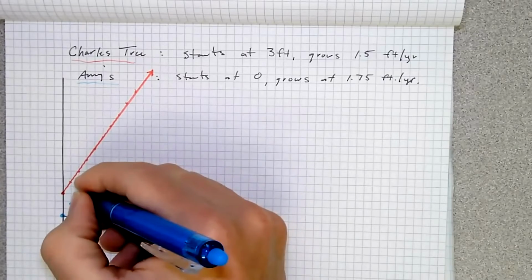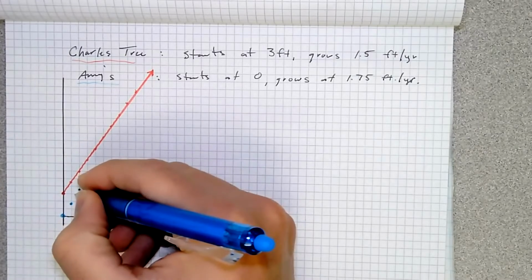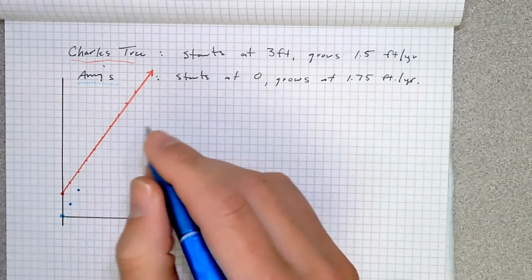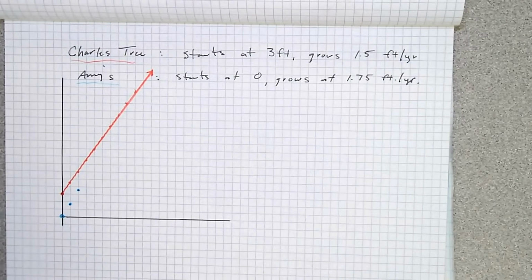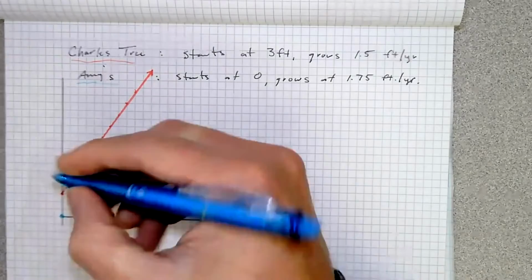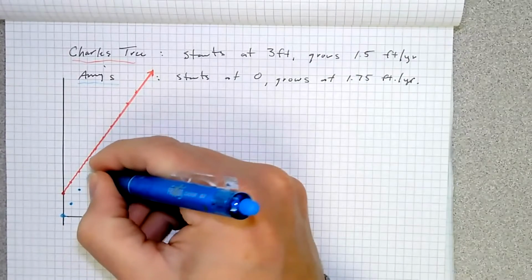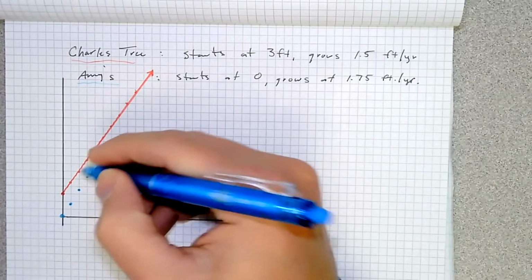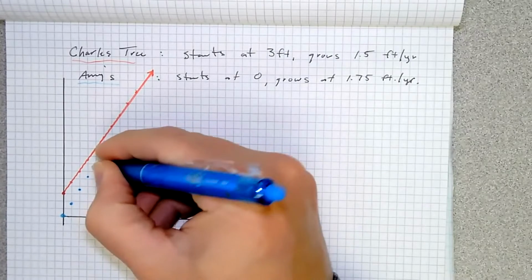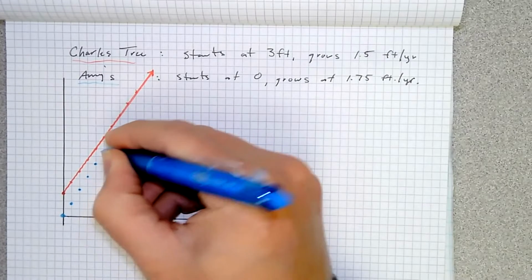So then we go to 3.5. Then we go to, just grab my calculator to make this a little bit easier on myself. We go to 5.25. 1, 2, 3, 4, 5. Then we go to 7. Then we go to 8.75.